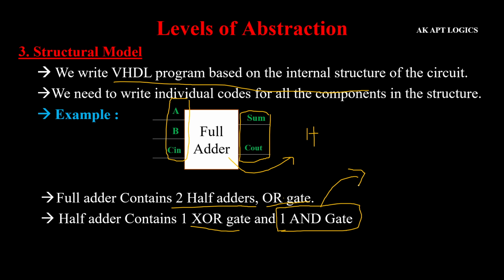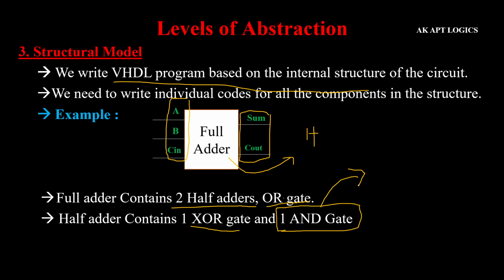You would need basics of analog electronics and EDC, so we are not going to discuss that part. We have only three levels of abstraction: the behavioral model, the data flow model and the structural model. In the structural model, a leaf cell is a circuit that we can't divide further.